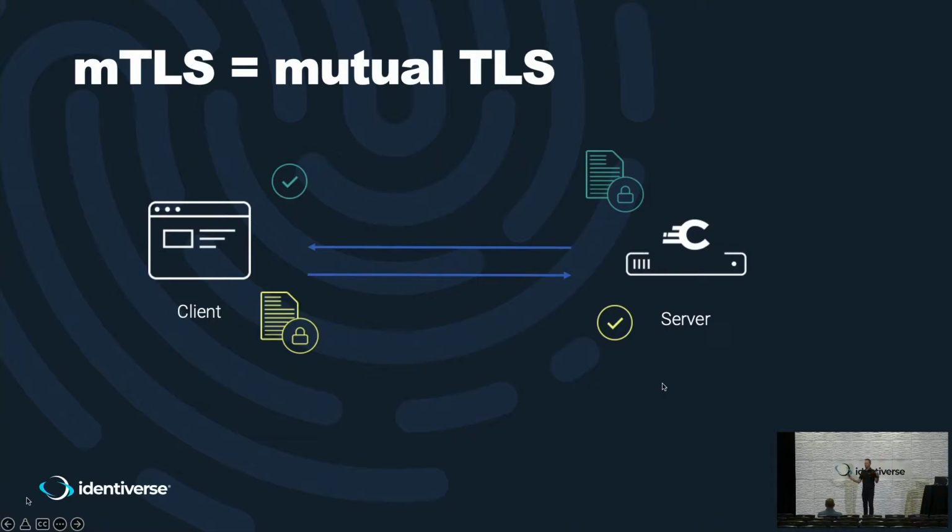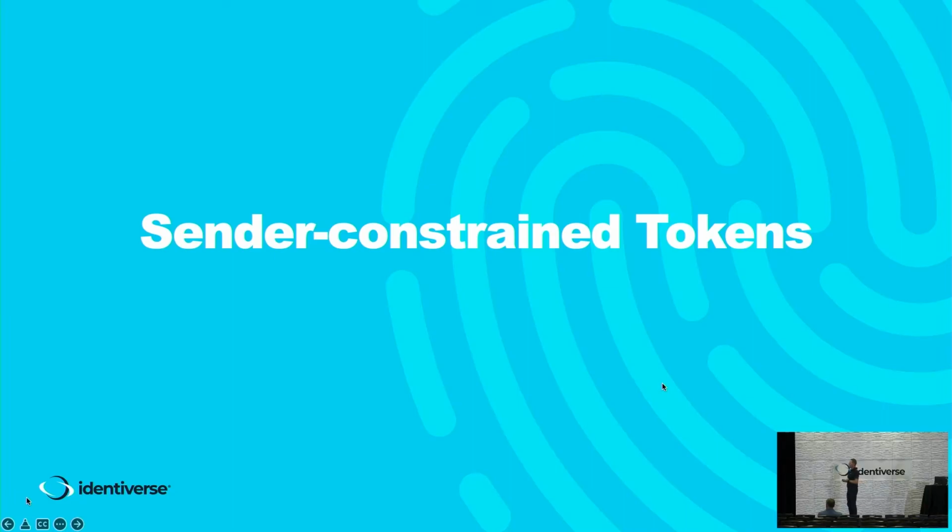So there's mutual TLS back and forth. When we leverage mutual TLS between a client, an application, the end goal is for the client to obtain some kind of token.